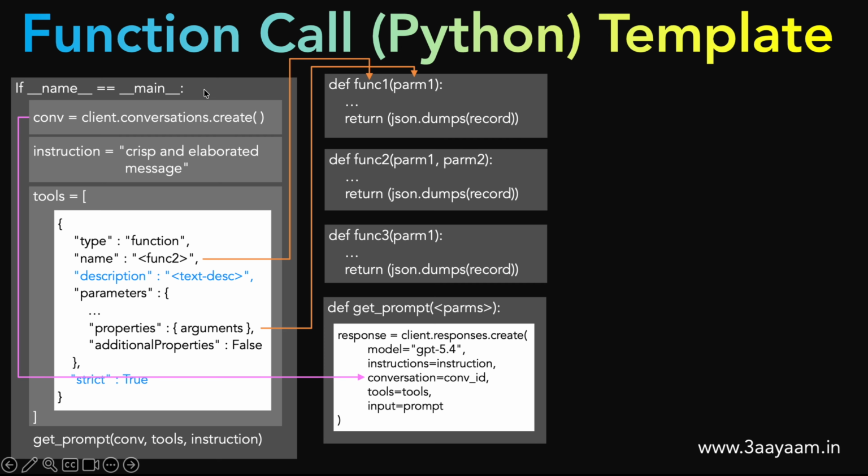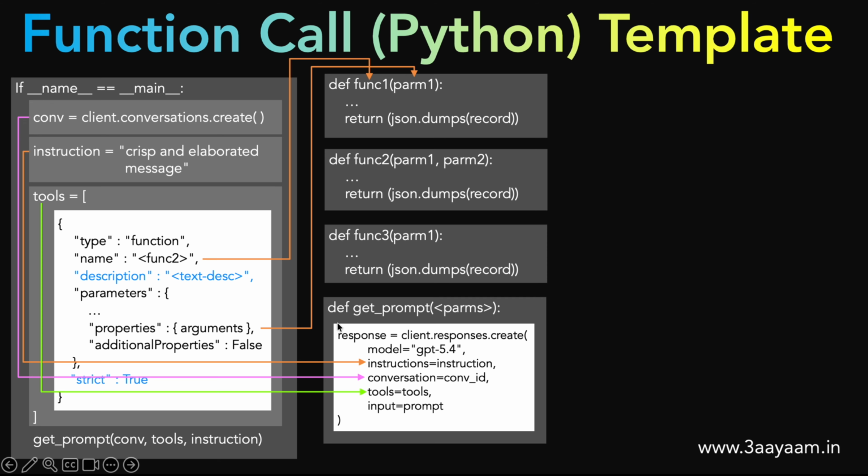The conversation ID is defined here by using the conversations API. After that, we define the instruction message, which is the developer message or the system message. Instead of the input role, we are using the instructions parameter. And we define it in the main function. And then the tools variable, which is also defined separately in the main function. Now, while calling the get prompt function, we pass all these 3 to the function as arguments, and those 3 are getting used here. The input would be the input prompt from the user. So this is the next step.